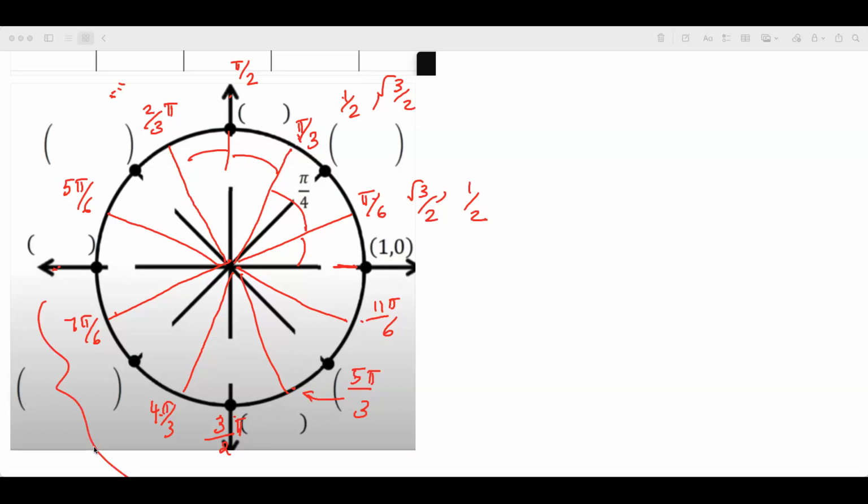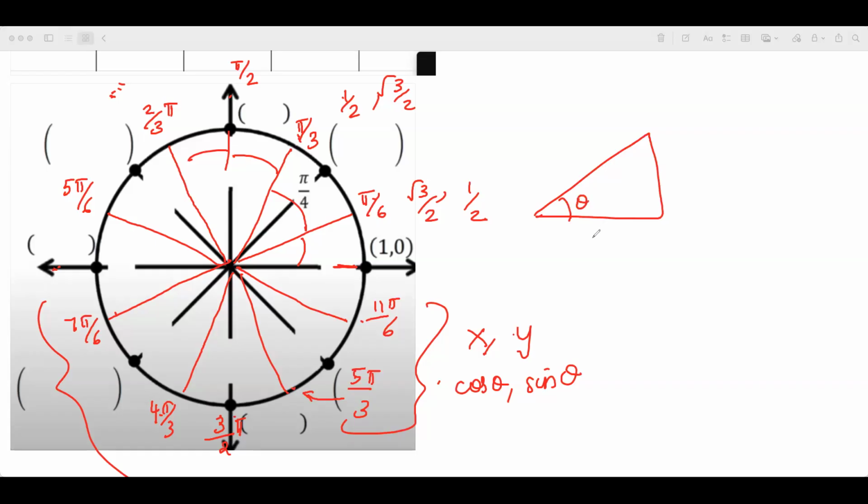In this quadrant, x and y are negative, meaning both cos and sine are negative. In this quadrant, x is positive. That means x comma y is nothing but cos theta comma sine theta. Why? Because we did discuss, here is theta, this is x, this is y.